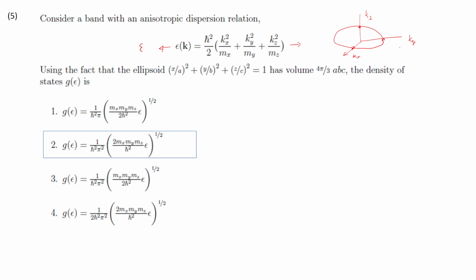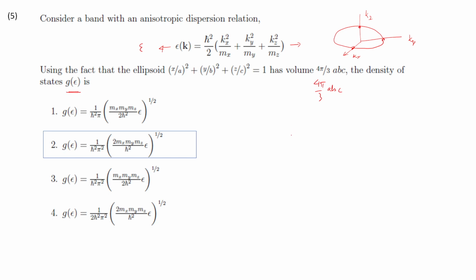In those types of materials it will happen. Now it has been given that the volume of an ellipsoid is 4 pi by 3 abc. We have to find the density of states.